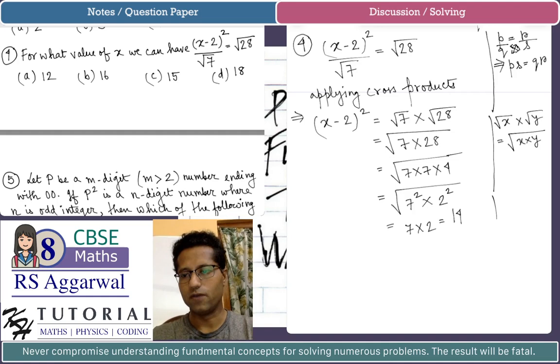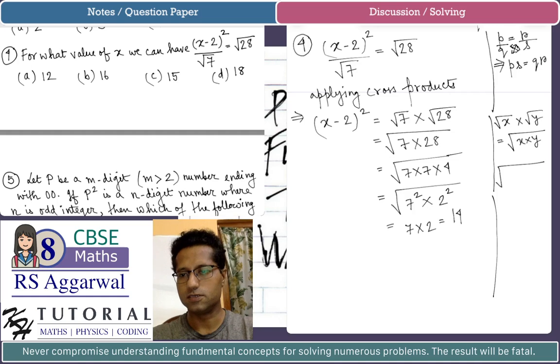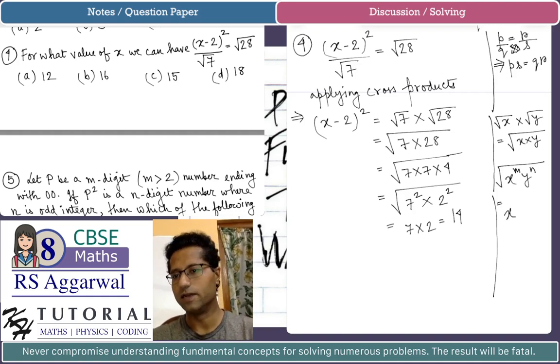Now you must be familiar with this kind of result regarding the square root. If you have inside a square root some exponential terms, that is powers, let's say x to the power m and y to the power n, then to get rid of the square root, all the powers get divided by 2.